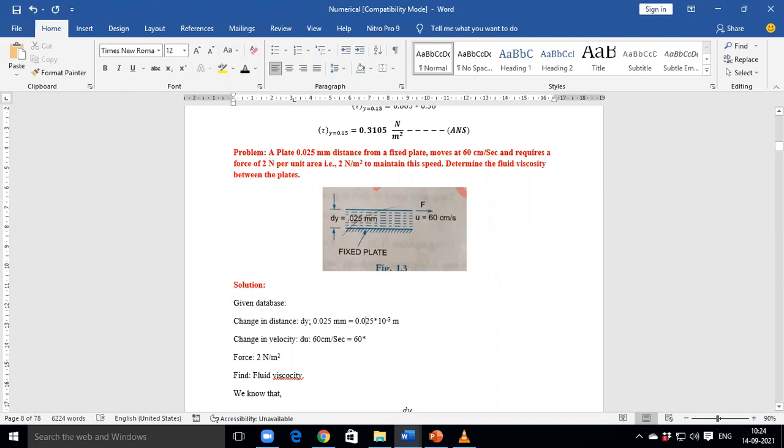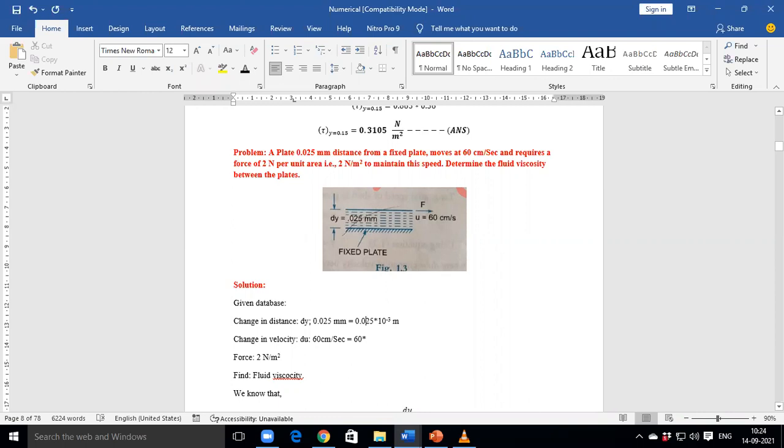And in the case of mm, what will be the conversion factor? 10 to the power minus 3 or minus 2? Mm to meter is 10 to the power minus 3.